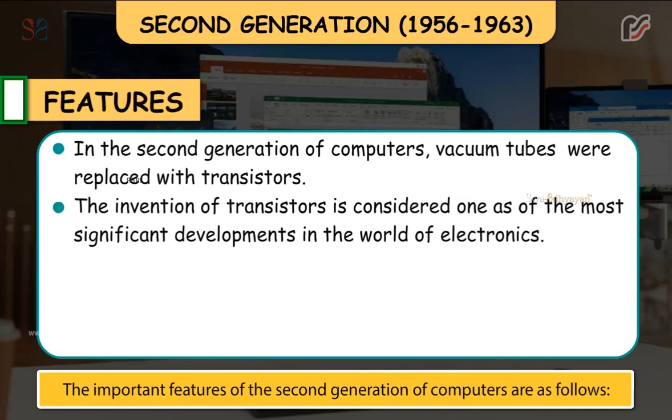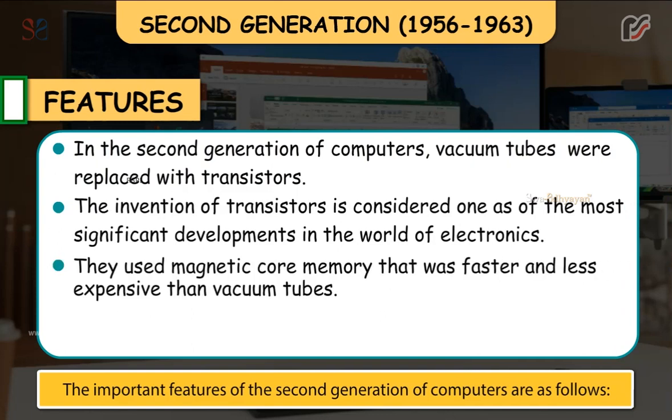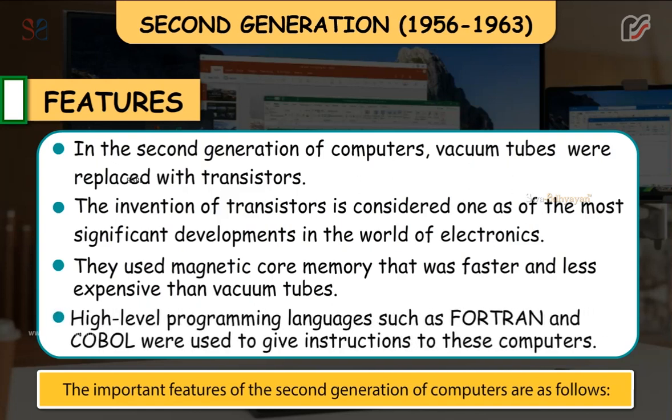The invention of transistors is considered one of the most significant developments in the world of electronics. They used magnetic core memory that was faster and less expensive than vacuum tubes. High-level programming languages such as Fortran and COBOL were used to give instructions to these computers.